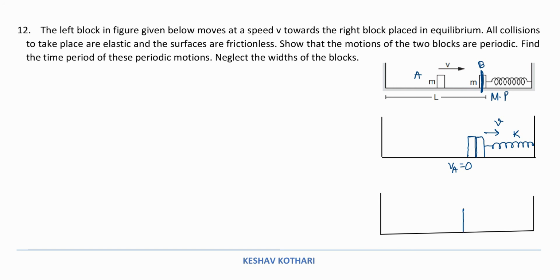So again when B comes to the mean position, the velocity of B will become 0 and the velocity will be imparted to A, and A will start moving in the other direction. So basically I can say that B is performing one half of the SHM.